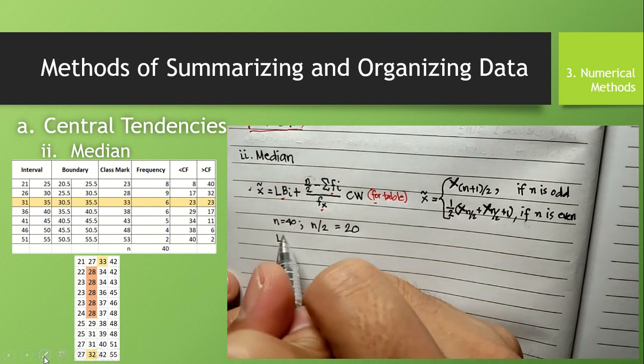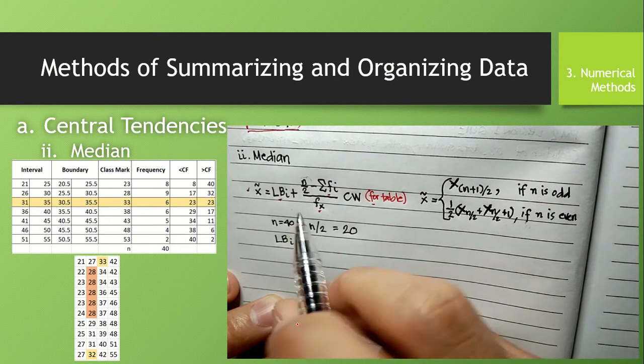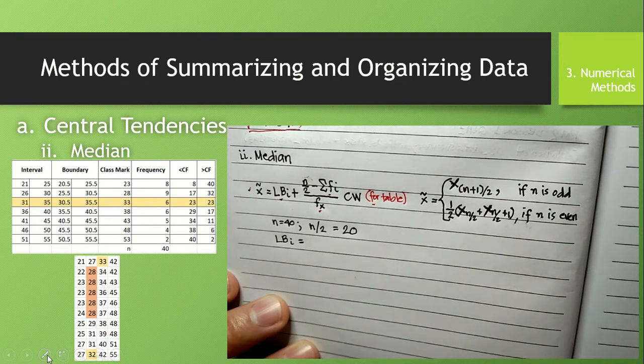If you would check our cumulative frequencies here, it actually tells us where the median class is, or where the 20th data is. The first class contains the first to the 8th data. The second class interval contains the 9th to the 17th data, and the third class interval contains the 18th to the 23rd data.